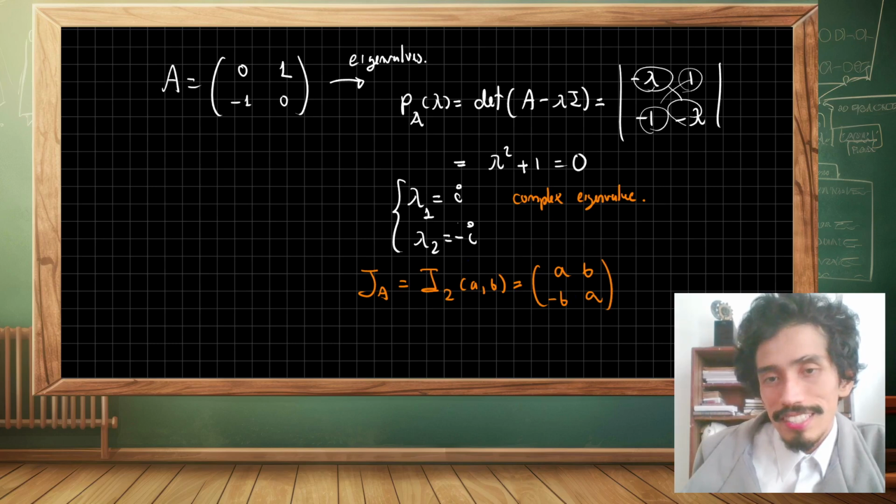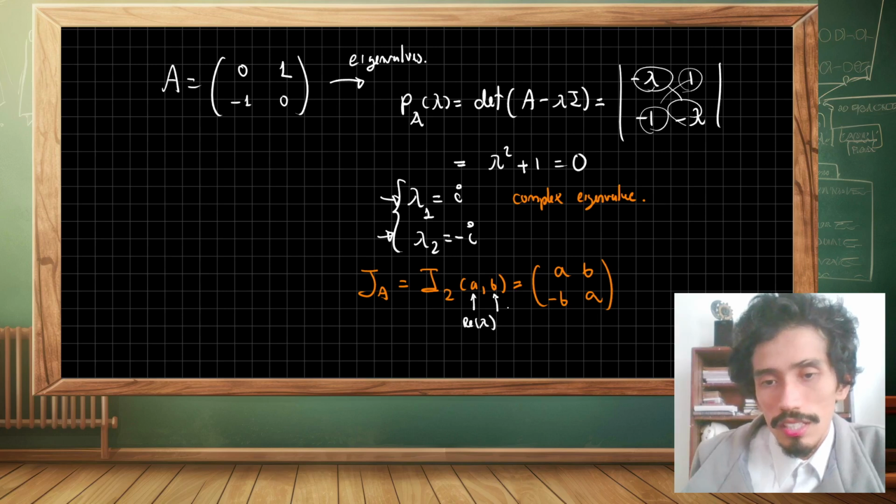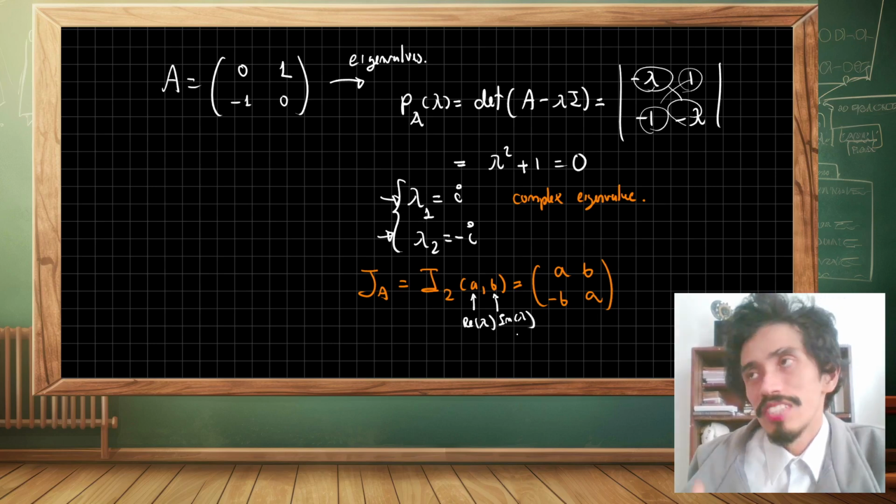So in fact, you identify these a and b terms. This is the real part of these eigenvalues, and this is the imaginary part. So just to give the general solution.